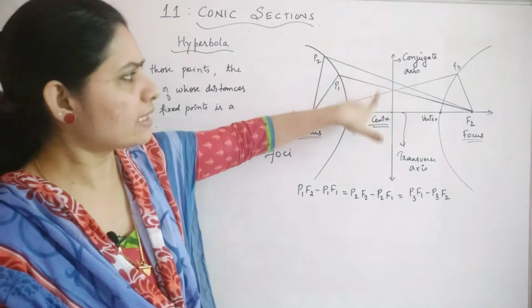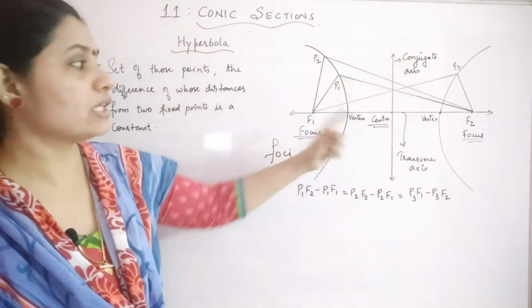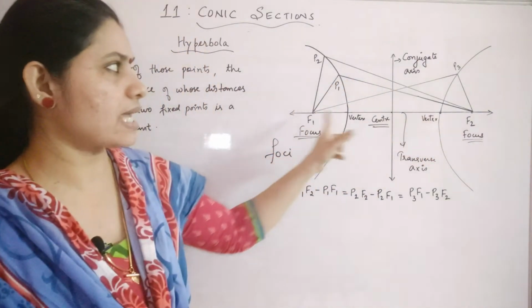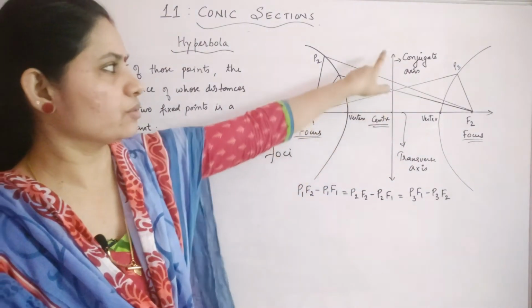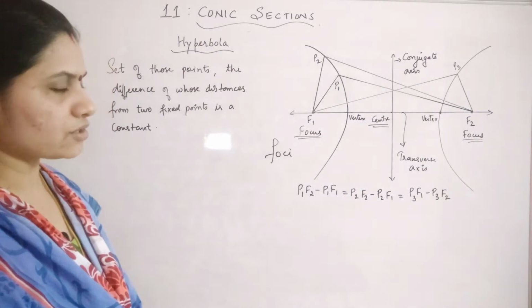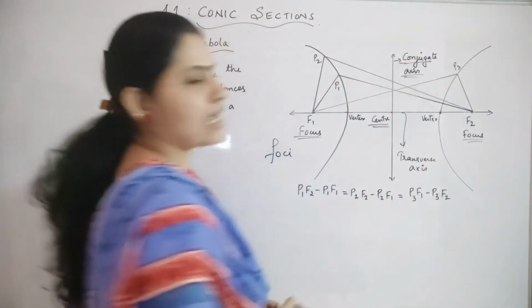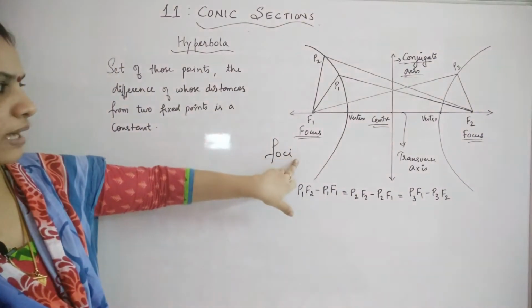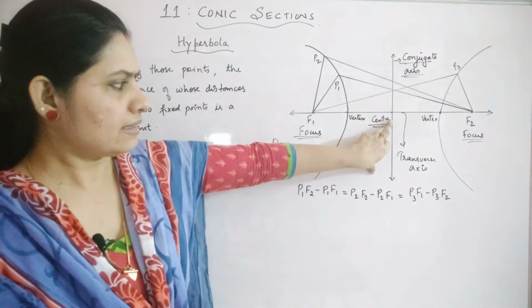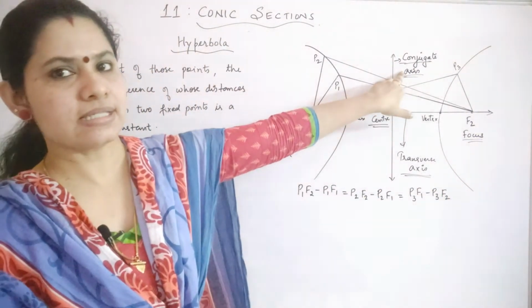Now there is another line, perpendicular to the transverse axis and passing through the center, and that line is known as the conjugate axis. So foci, center, transverse axis, conjugate axis.